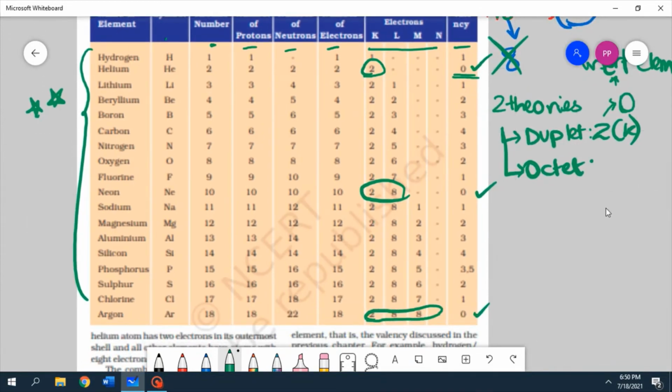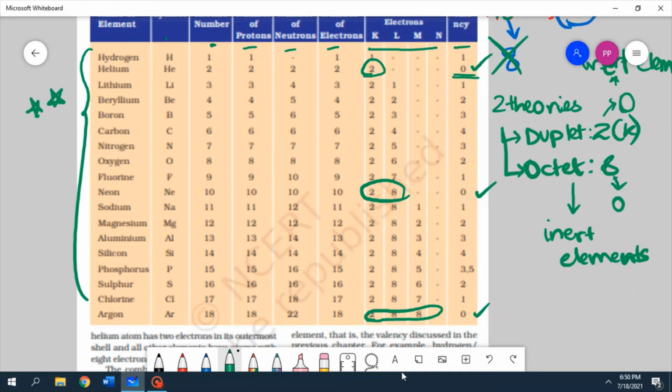Alright, the octet theory says that if there are 8 electrons in its outermost shell, whether it is the L shell, M shell, N shell, or any other succeeding shell, it would also have the valency of 0, which would make that an inert element as well. Alright, so this is known as the octet theory, and elements which satisfy either the duplet or the octet theory are inert elements.